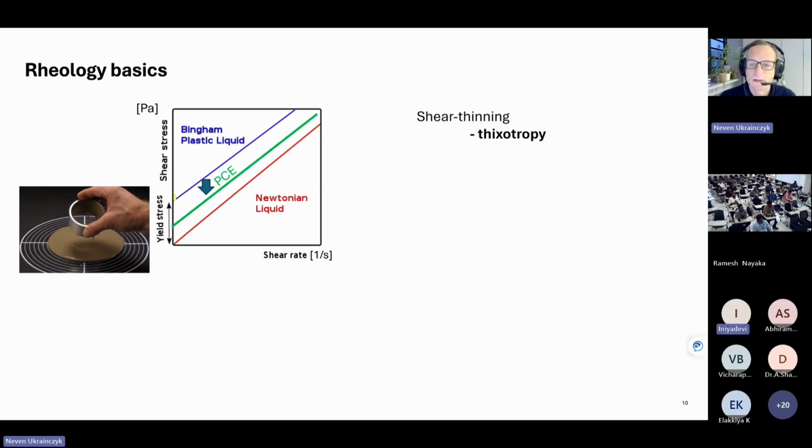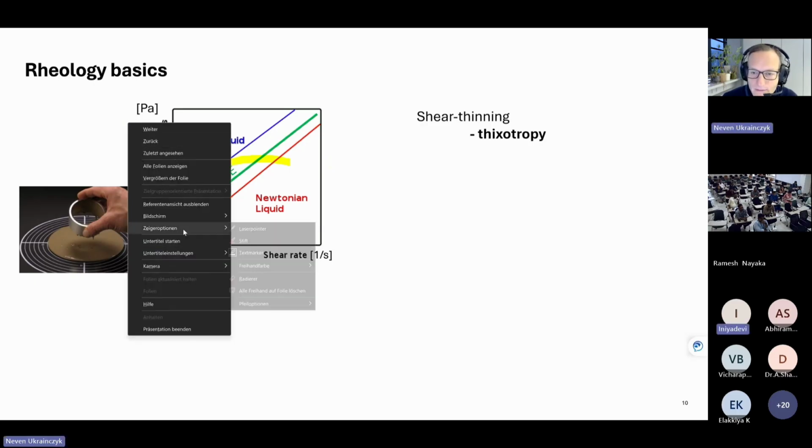The more energy you put into it, the lower the viscosity. So the shear thinning would go like this, in this direction. The more shear rate, the lower the viscosity. The plastic viscosity is actually the slope of this curve. So we have a constant plastic viscosity here, and here the plastic viscosity is actually decreasing.